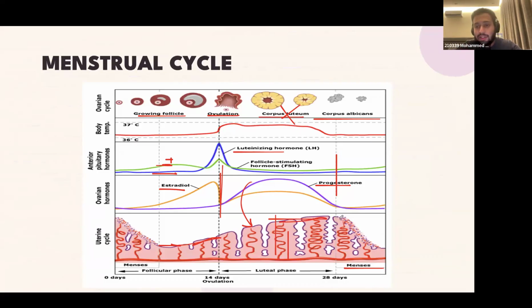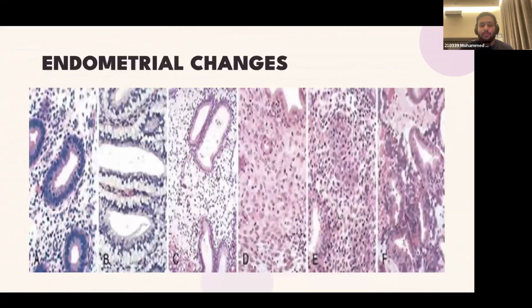Most important thing is the arterial supply, okay? It will cut off the arterial supply and then you'll have menses, okay? This is the menstrual cycle. Now you guys tell me the stages of the endometrium. First thing, we'll have proliferation. Then after proliferation, secretion, spiral arteries, and then you'll have menses.